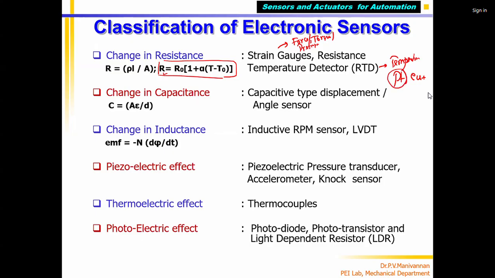So it is again nothing but a platinum wire which may be made as a coil, and for example, at 30 degrees the given platinum wire has a resistance of 100 ohms. Now, if the platinum wire is immersed in water or touches a hot surface, whose temperature was at 30 degrees centigrade, and now it is subjected to, say, 100 degree boiling water.